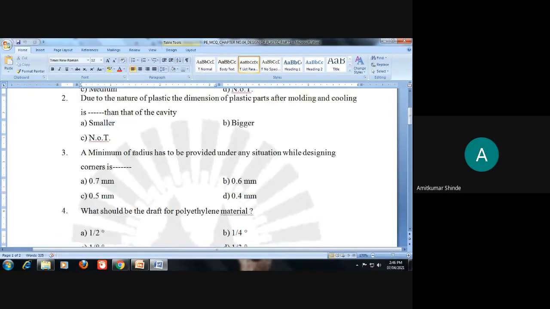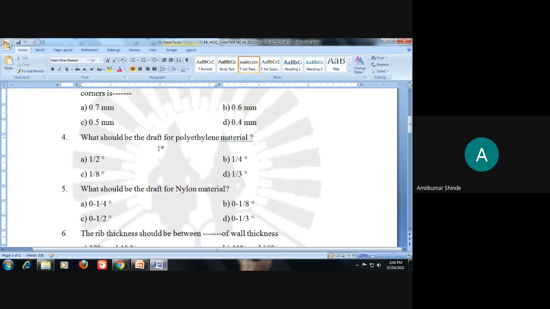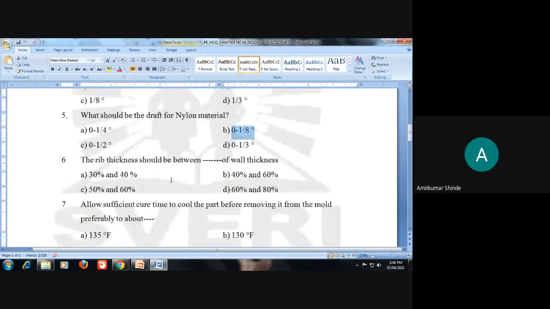The minimum radius in any condition should be 0.5 millimeter. The draft on polyethylene material is 1/8 degree, and for nylon material it is also 0 to 1/8. To decide the rib thickness, you have to take the wall thickness into consideration: 60 to 80% of the wall thickness.